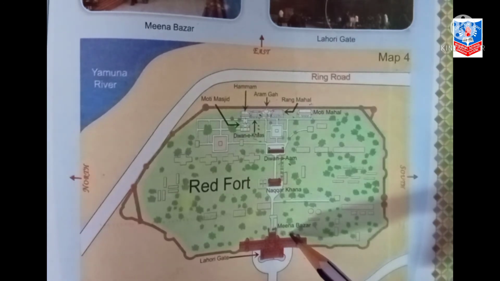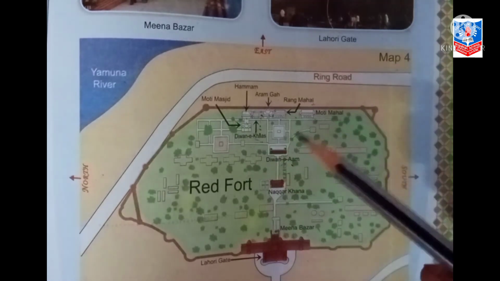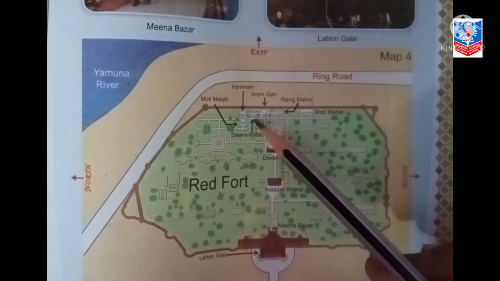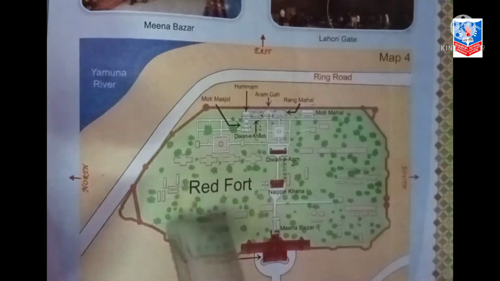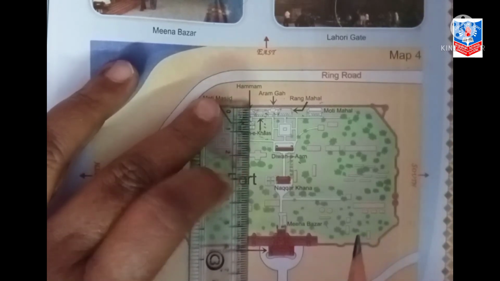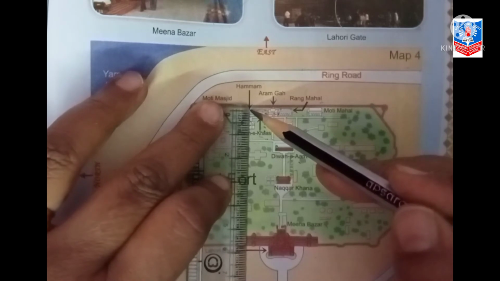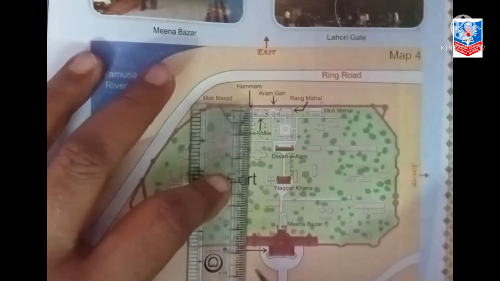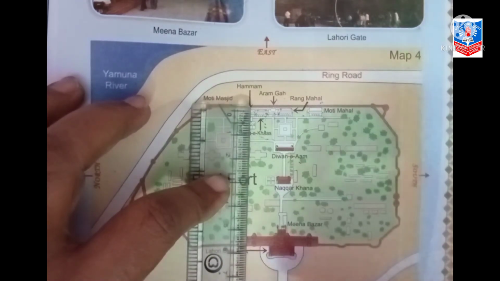Now about how far is Lahori Gate from Diwane-e-Khas? Now see, here is Diwane-e-Khas and where is Lahori Gate? Here it is. Now let us see. Put your scale here and see the centimeter side. Diwane-e-Khas to Lahori Gate, see here, this is 6 centimeter.